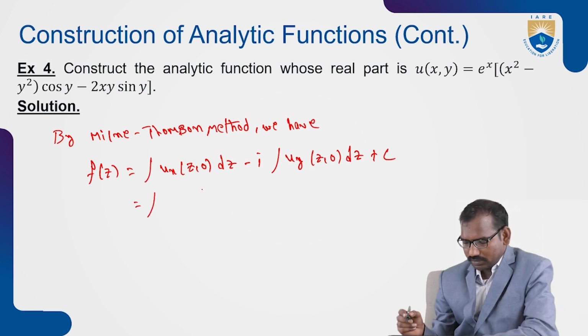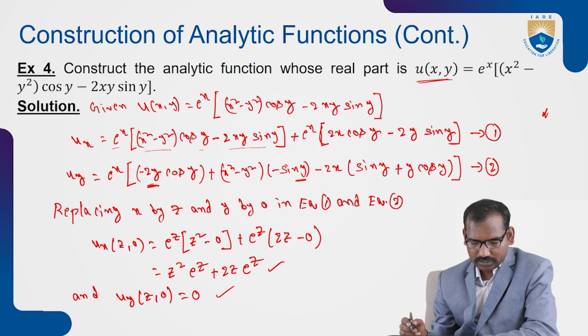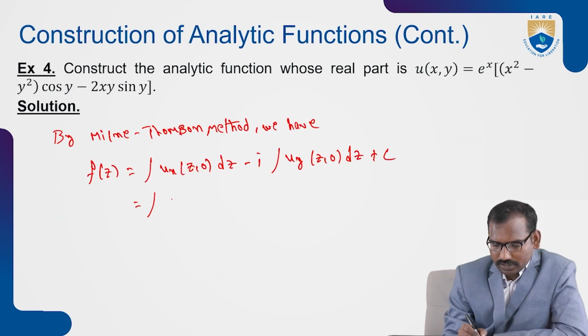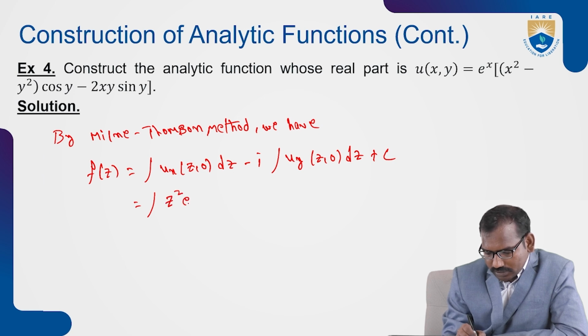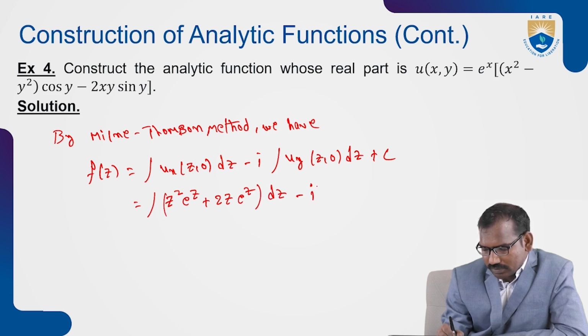So I already calculated. It is z square exponential z plus 2z exponential z into dz minus i times integration of 0 dz plus c.